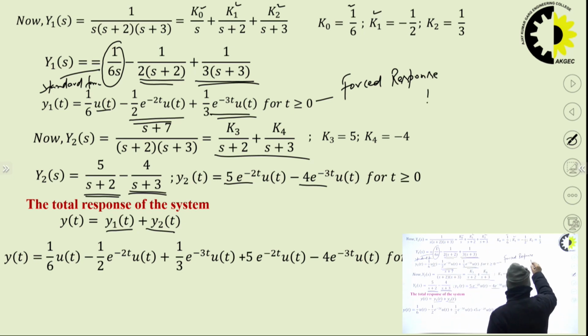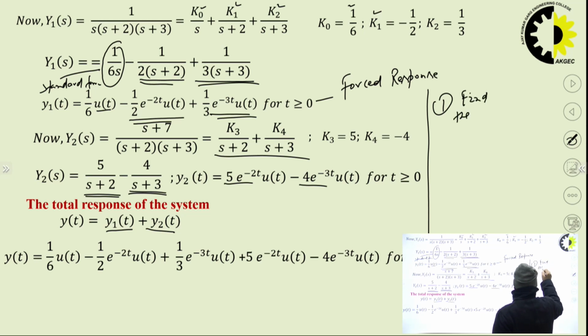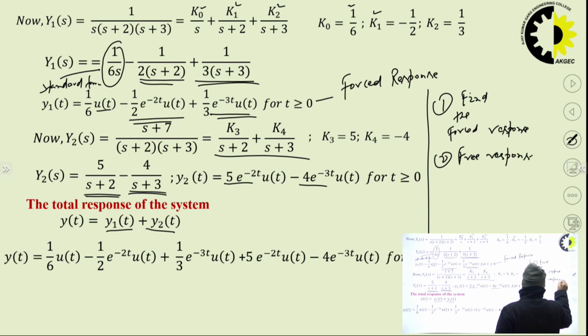So what we have done is find the forced response, then the free response, or we can say the natural response, and then the total response.